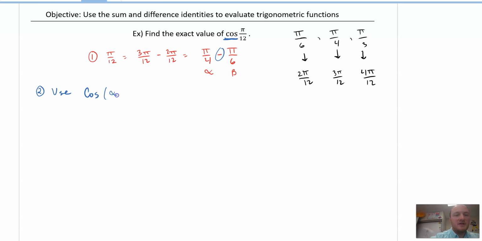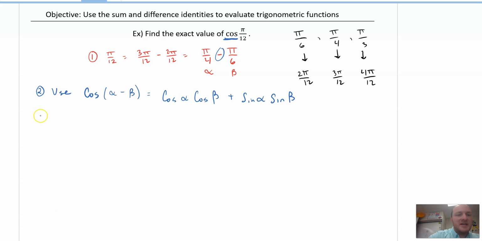So cosine of alpha minus beta is cosine of alpha times cosine of beta plus sine of alpha times sine of beta.